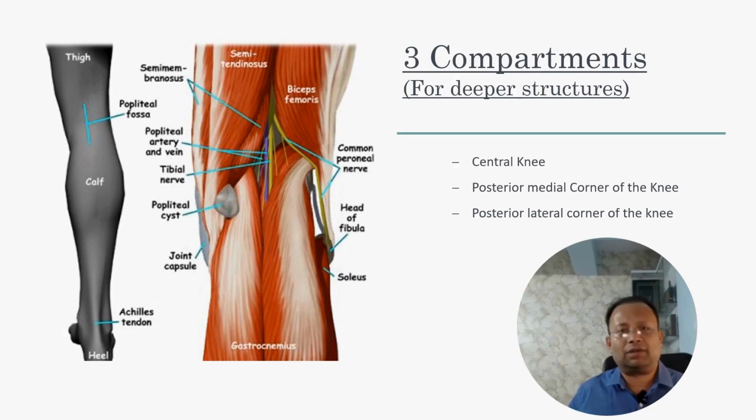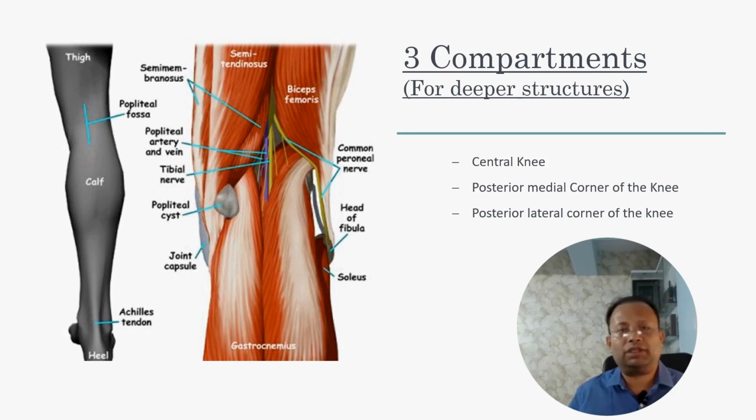To understand all the ligamentous structures from the posterior side, we divide these areas into three parts or three compartments. So one is the central knee. We will put our probe in the central 1/3 of the knee, and then the posterior medial corner of the knee, and then the posterior lateral corner of the knee.